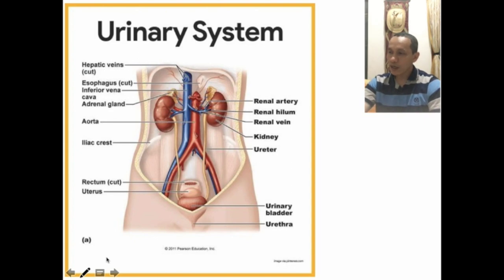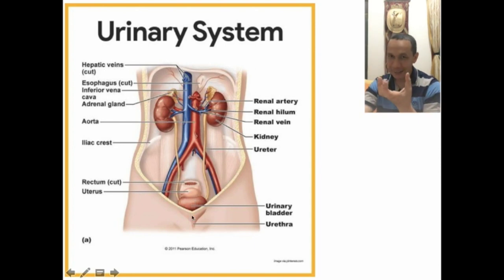So, the urinary system consists of organs, parts, which are first the kidneys. We have two kidneys, right and left, and each kidney is connected to a ureter, which connects the kidney to this bag called the urinary bladder, vesica urinaria.